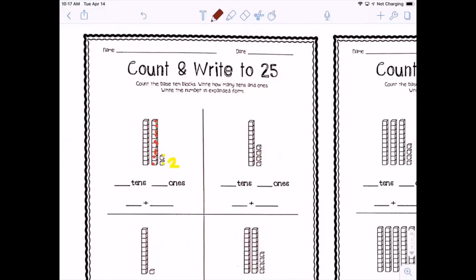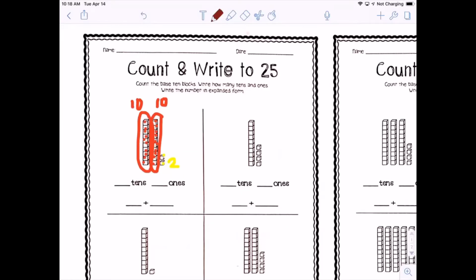Yes, there are 10 there. So I circle my group of 10 and I write 10 right there on the top. Now again, I count 1, 2, 3, 4, 5, 6, 7, 8, 9, 10. I have another group of 10. I circle and I write 10 right there on the top.